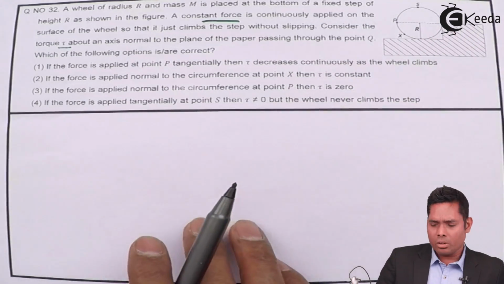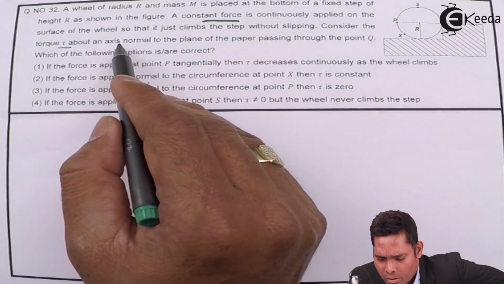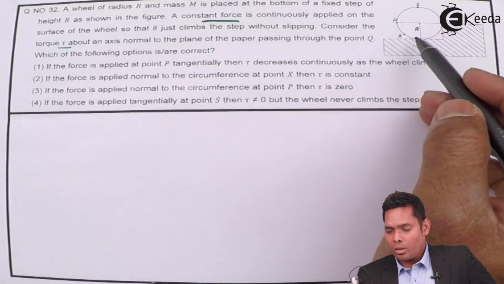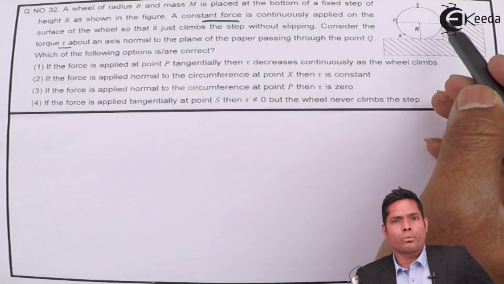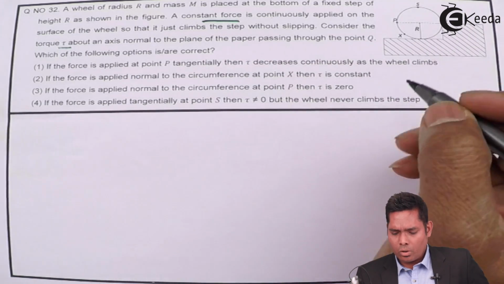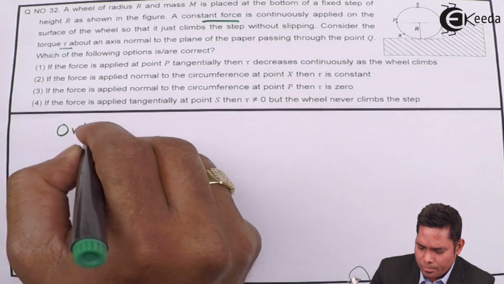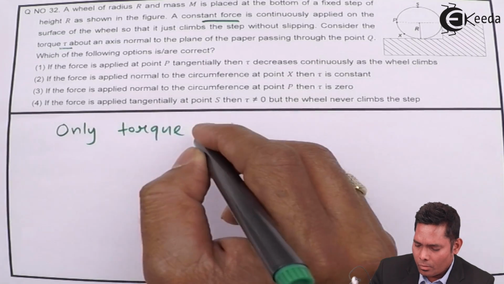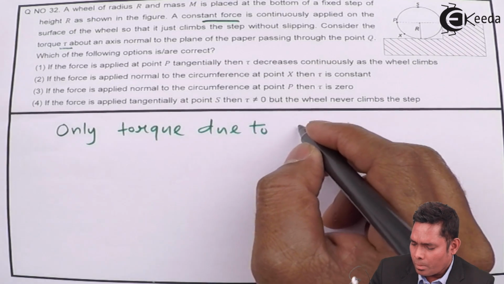There is an ambiguity in the question. The torque being asked about could be the net torque due to the weight and the applied force, or only the torque due to the applied force. Because of that ambiguity, we will consider only the torque due to the applied force.